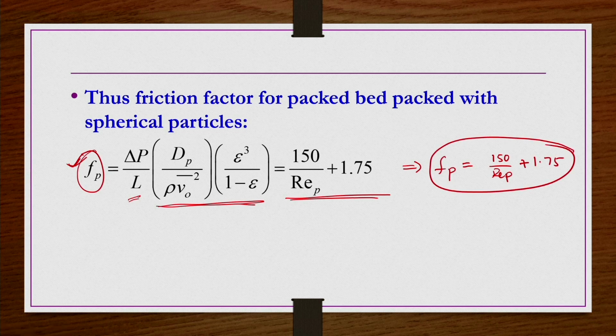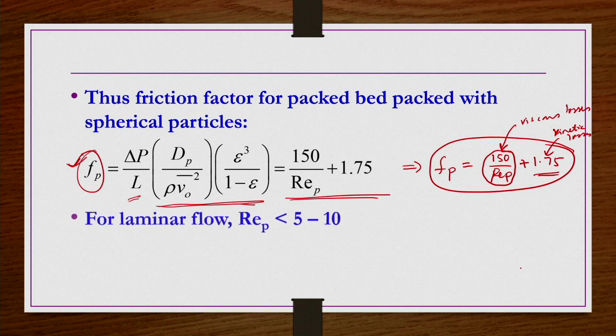And then this equation is having two contributions again. The first contribution in the right hand side is nothing but the viscous losses. This term is going to have influence if the Reynolds number is small, and the second part is known as the kinetic losses, the contribution due to the kinetic losses, and this part is going to have a dominant role when the Reynolds number is very large or the flow is very large.